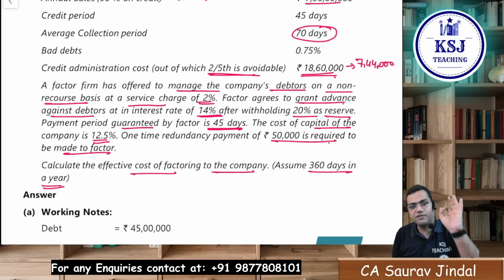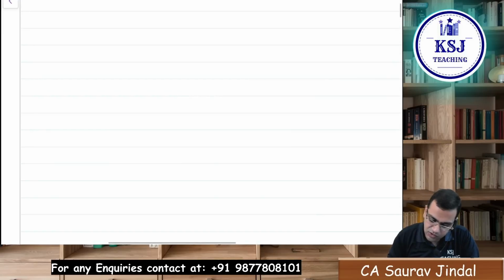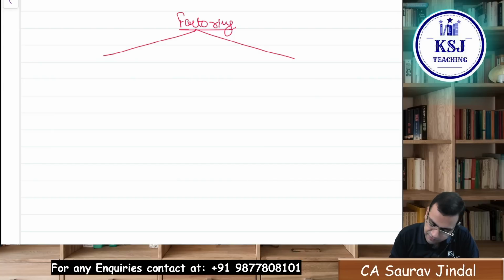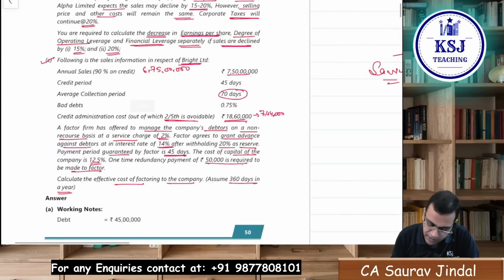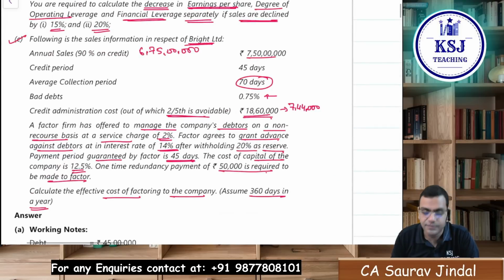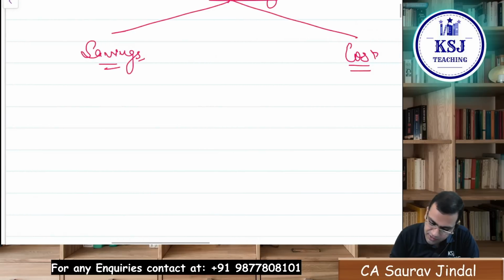Now, whenever there is a factoring question, what do you have to see? You have to see what are the savings and what is the cost that will be incurred. The savings here will be what? One of the savings will be bad debt, sir, right?